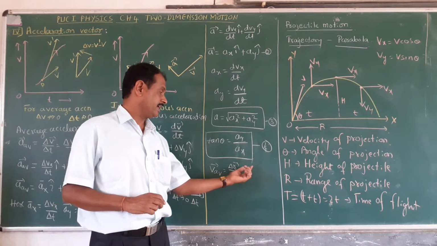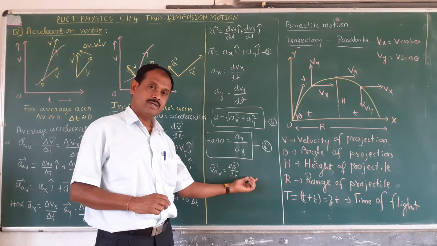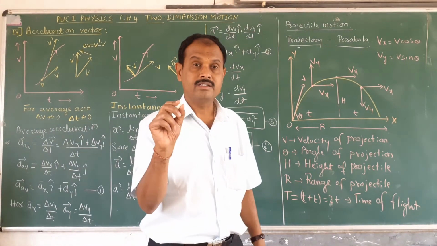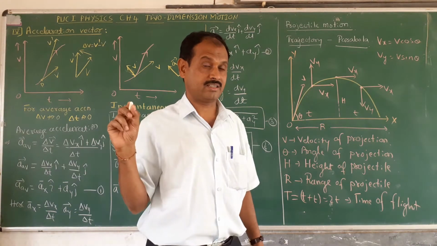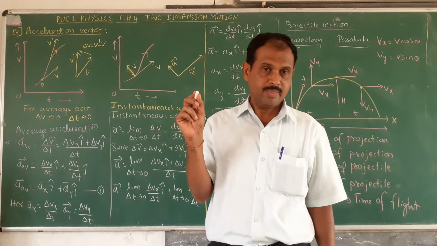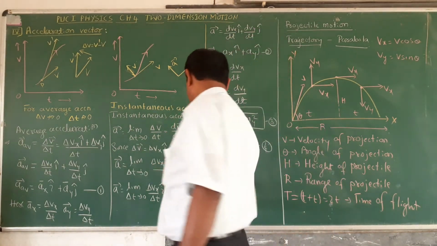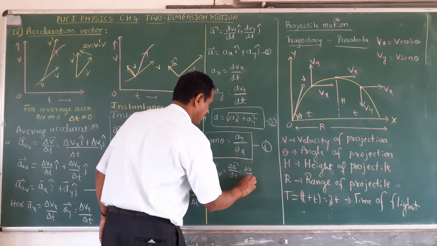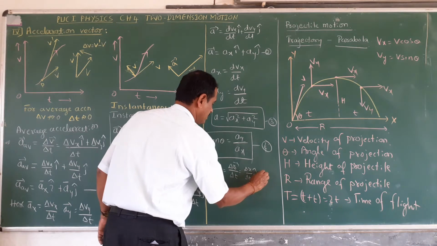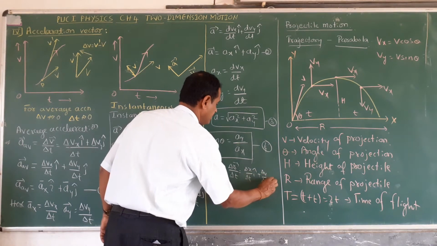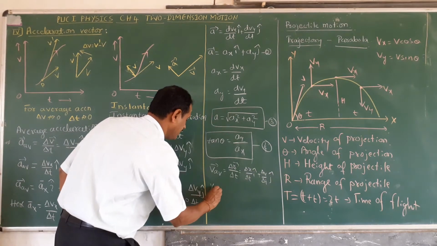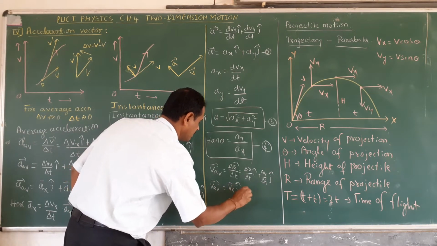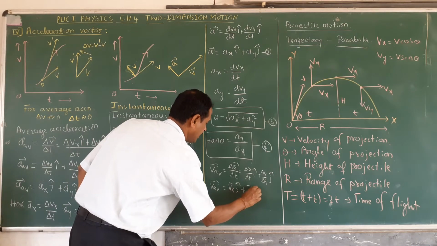Then you take delta x by delta t and delta y by delta t. You get the average velocity along the x axis, v x bar. As in the last class, this is delta x by delta t i cap plus delta y by delta t j cap. So the average velocity is equal to v x bar i cap plus v y bar j cap.